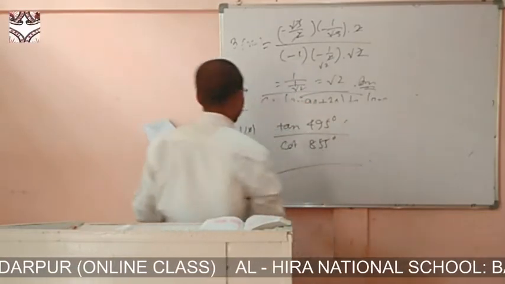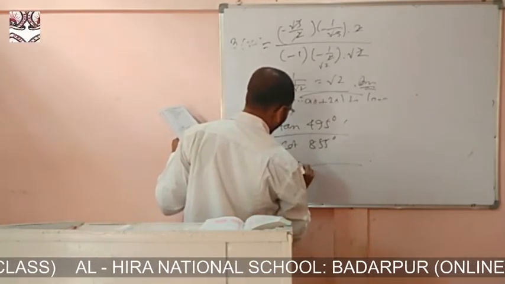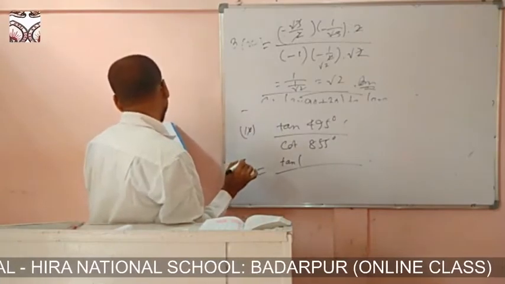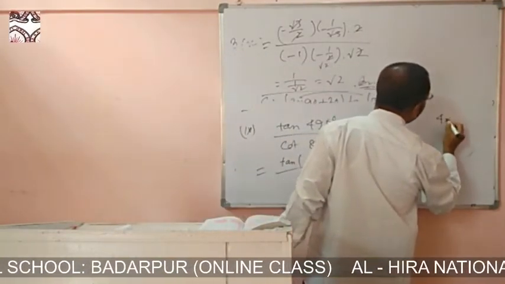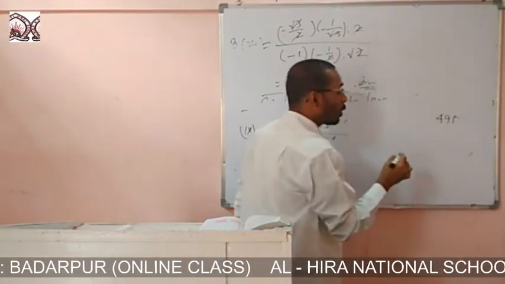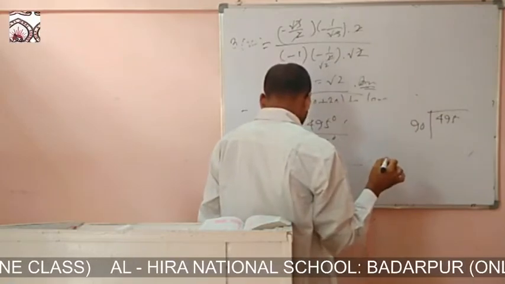So if we break, you see tan 495, if we break by dividing by 90, then we are getting 495. So if we break by dividing by 90, then 90 will go on.